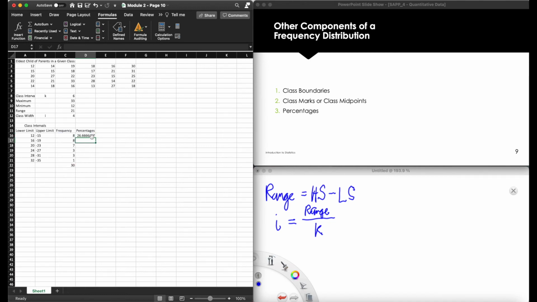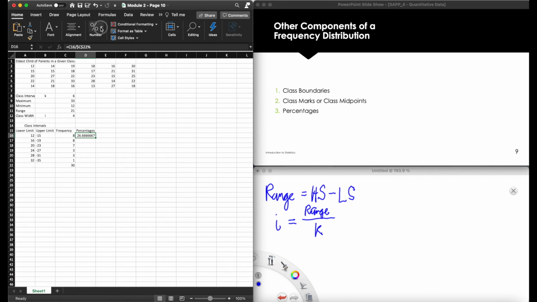Notice the decimal points are quite nasty to look at, so we will reduce the number of decimal places. Let's make it two decimal places as a standard. Then let's drag this. Put your cursor in such a way that it will be all black, and then drag this all the way down. It will give 100 for the 30. Okay, so that's the percentages.